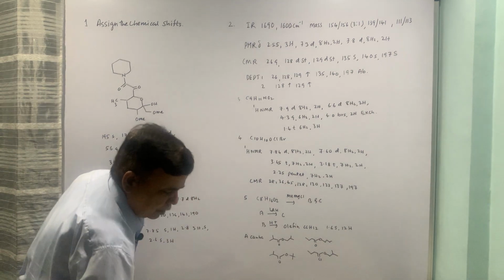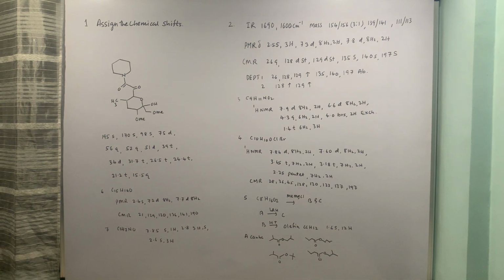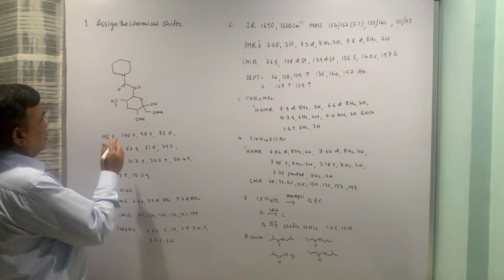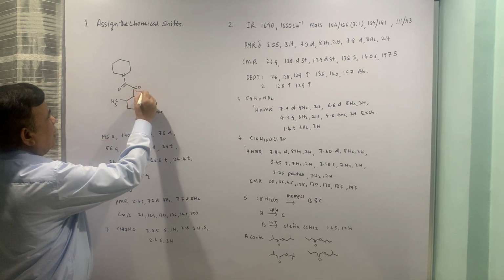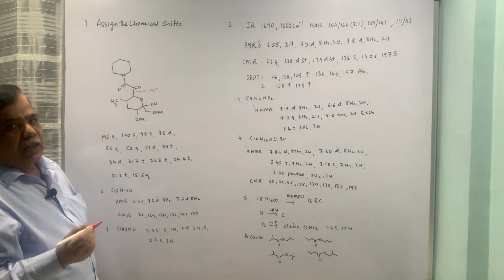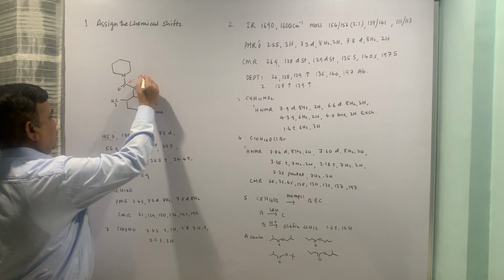in this case. So I will use red pen for this purpose, so that I can mark them with red pen. 195 is this carbonyl, the keto carbonyl. This is amide carbonyl, so 170.